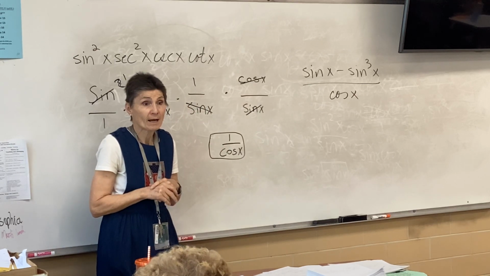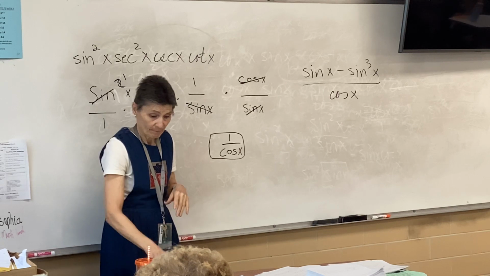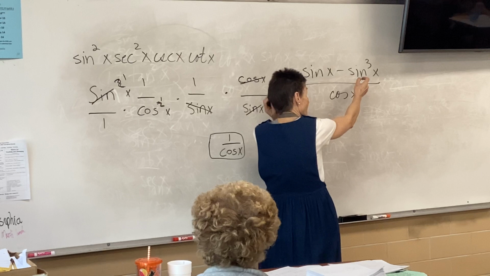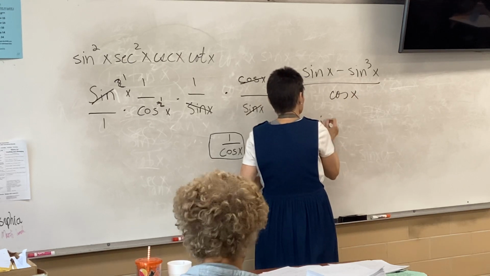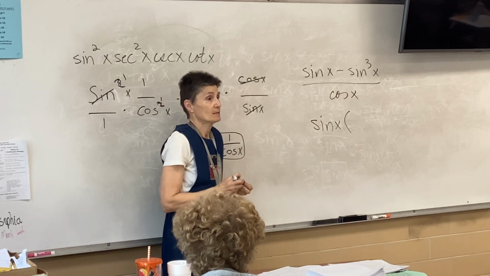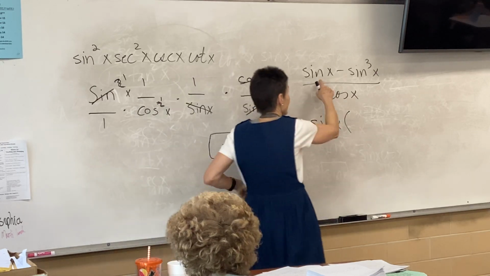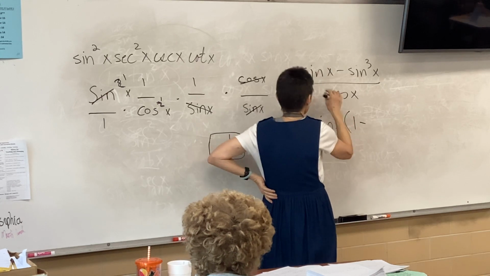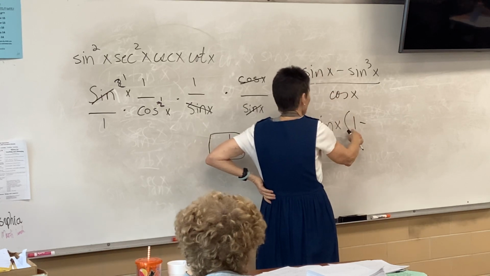I could factor out a sine. This has a sine, and this actually has 3 sines, so I'm going to take a sine out. What will I have left if I take a sine out of here? 1. Yep, remember, if you take out the whole thing, you have to put a 1.